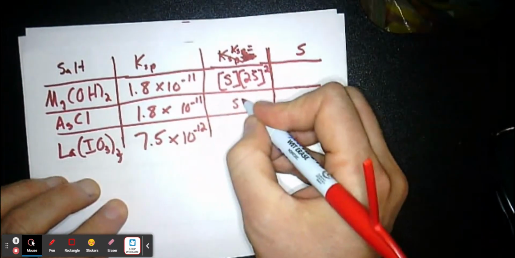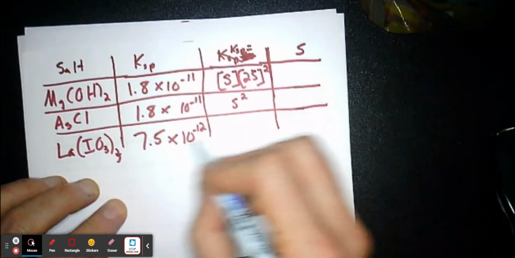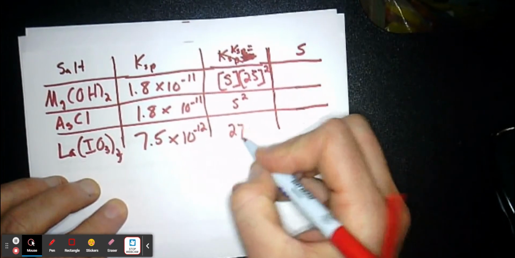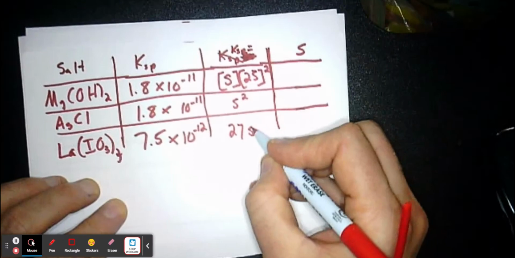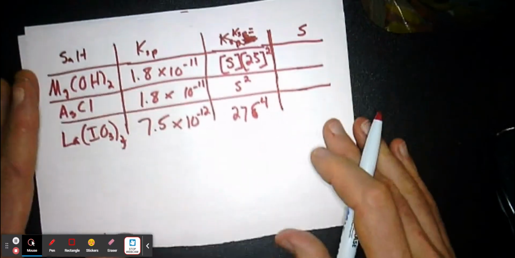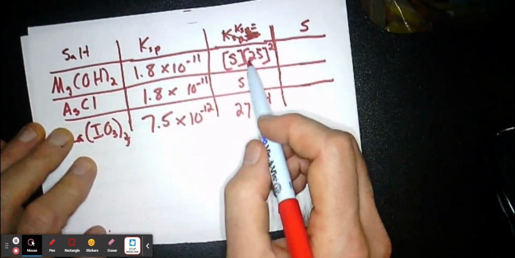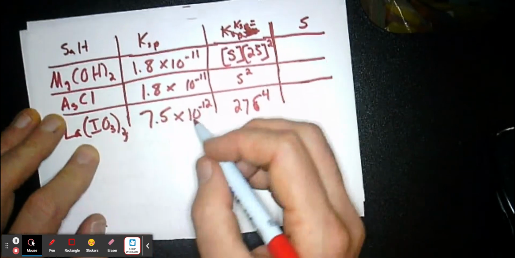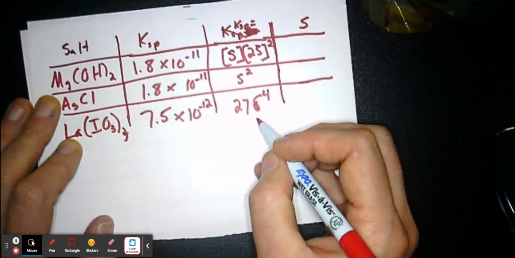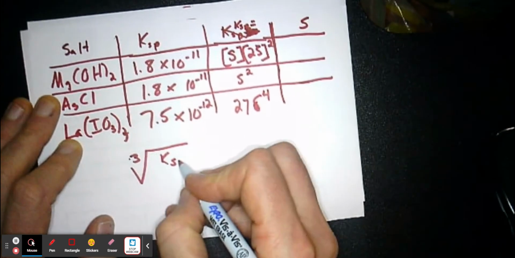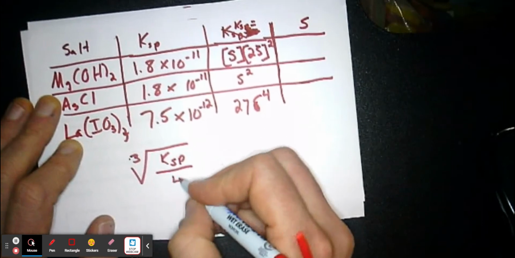This is going to be equal to S times 4S squared, which is 4S cubed. So for magnesium hydroxide, my S is going to be the cube root of my Ksp divided by 4.